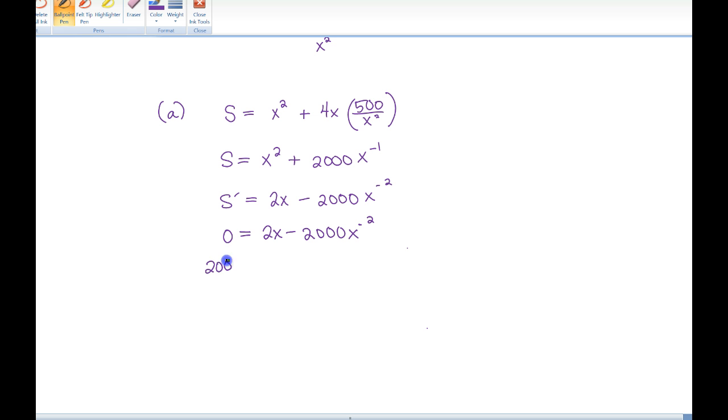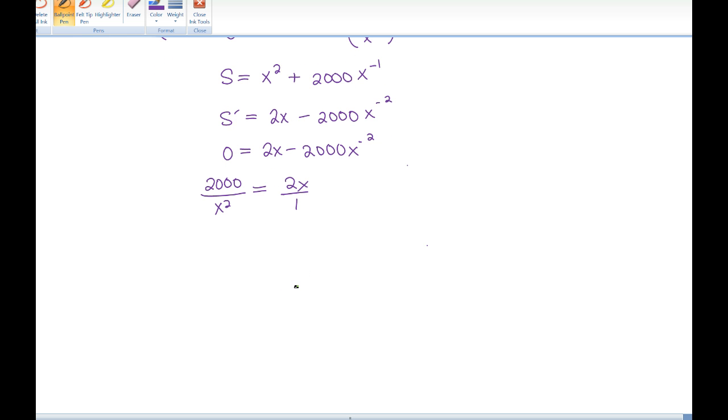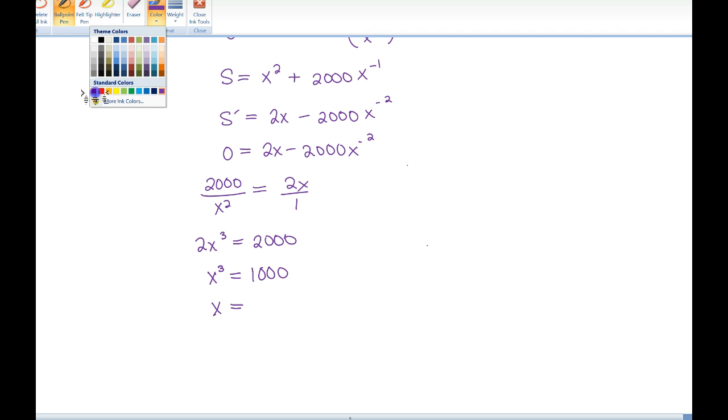So I have 2,000 over x squared, move that over, equals 2x. Putting that over 1, we get 2x cubed equals 2,000 when we cross multiply. So x cubed is equal to 1,000. We take the cube root, and we get 10.